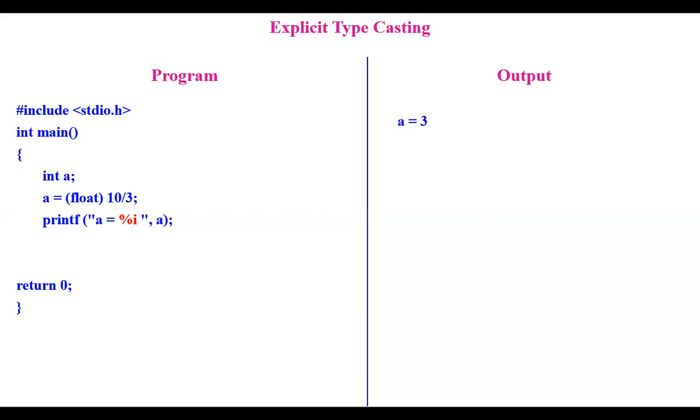The result will be 3. Because we converted this to float, 10 by 3 gives 3.33333. But when you try to display it as an integer, that 0.333 is truncated and you get the integer value 3 only. That's how you have to be very careful in dealing with the data. Clear?